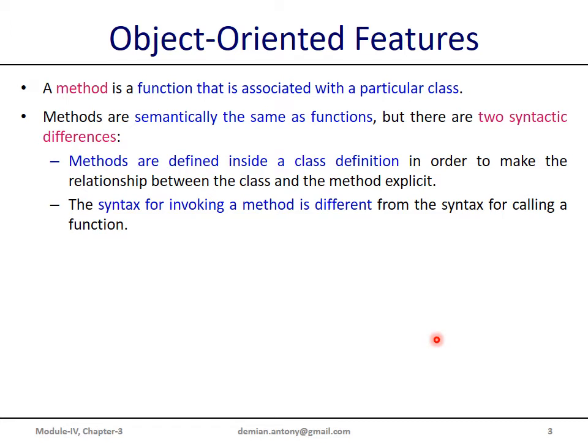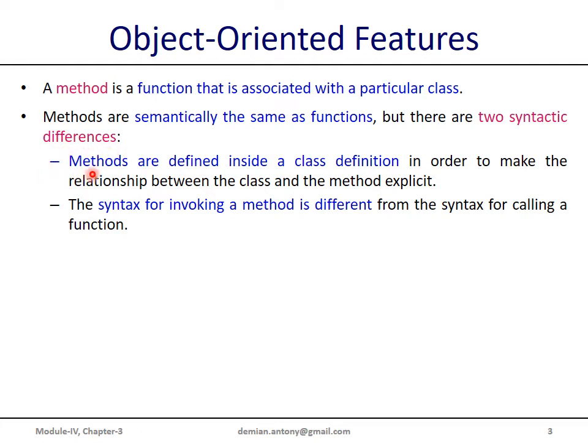Now let us understand how to define a function in Python. A method is a function that is associated with a particular class. Normally a method is also called a member function because it is a member of a class. Methods are semantically the same as functions, but there are two syntactic differences.